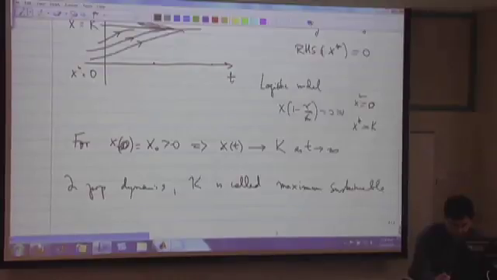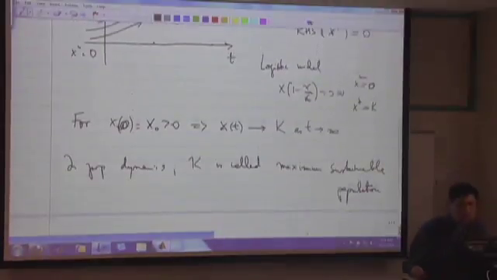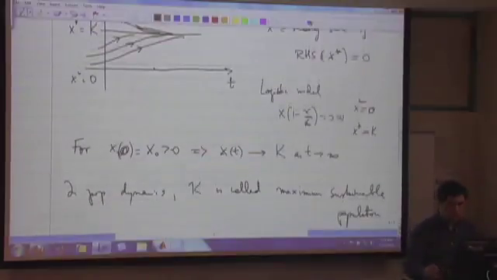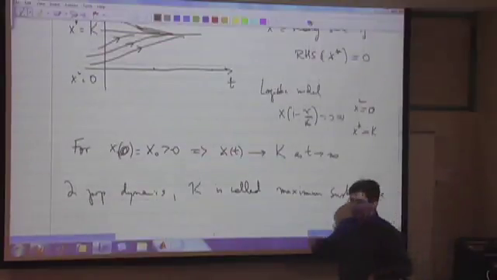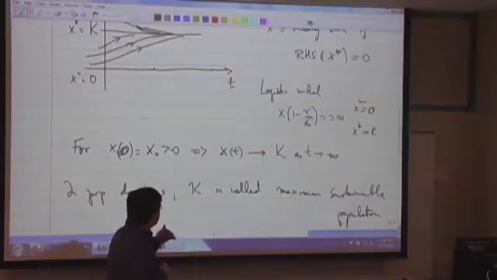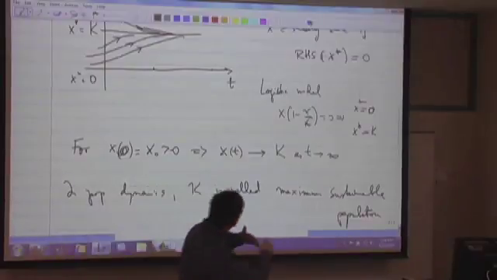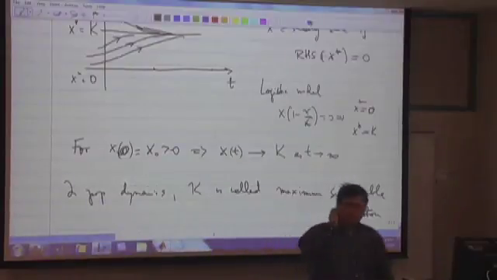It's just saying that in that environment, with those two effects, a population of size less than this value will thrive, but will approach that value.